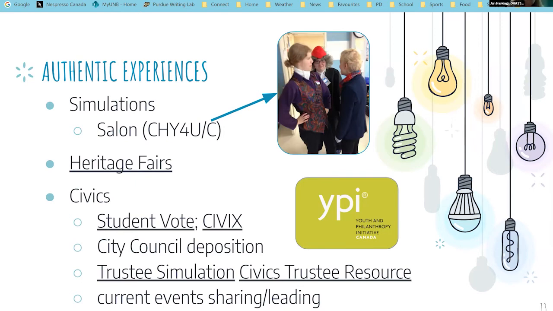OHASTA had a very small partnership project with the Ministry of Education to develop some resources to support trustees. Because we have federal and provincial and sometimes municipal, but those poor trustees get ignored, right? And there are also student trustees as well. So there's a little simulation you can do there, and the bigger resources beside that, where you can have access to all of the things that were created.